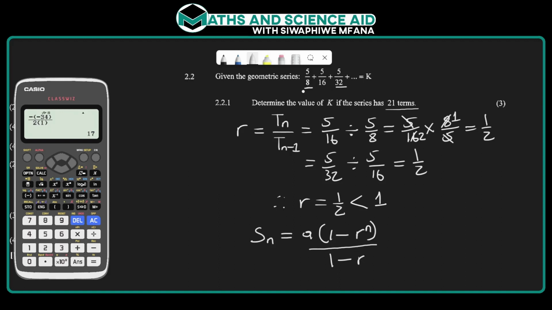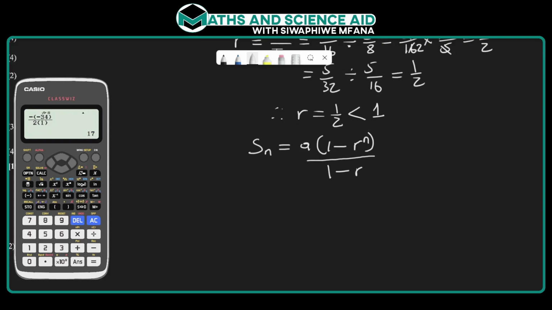And of course, our A value is 5 over 8 because A is always the first term in your geometric series. And we want to work out the sum to the first 21 terms of our series because that's what the value of k would represent in this question.